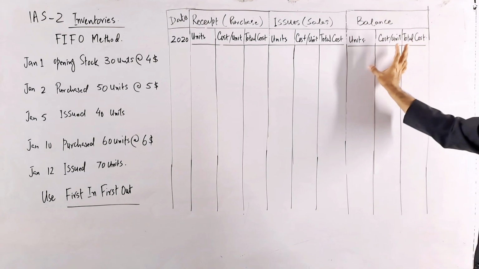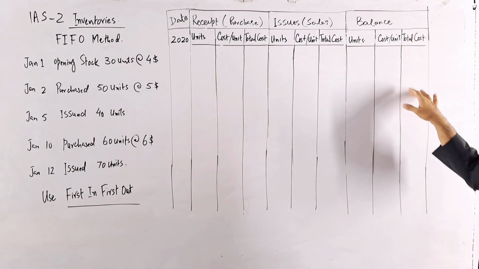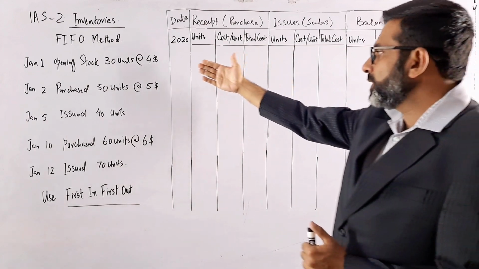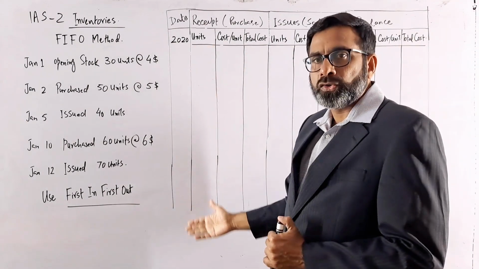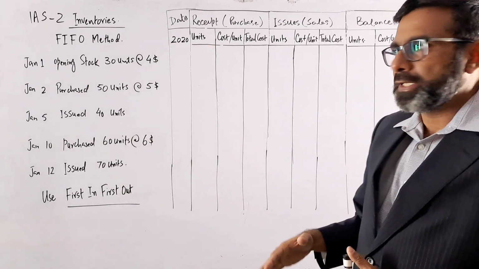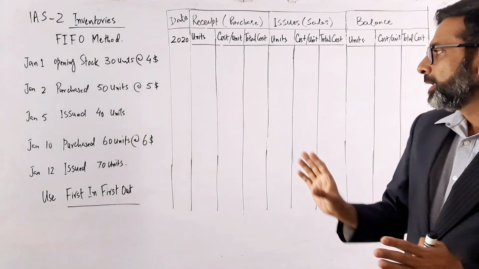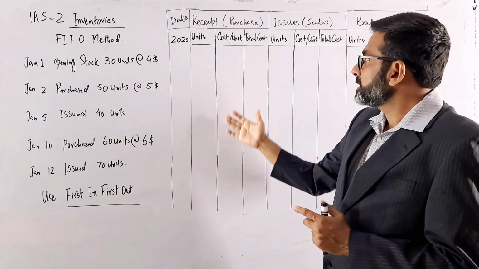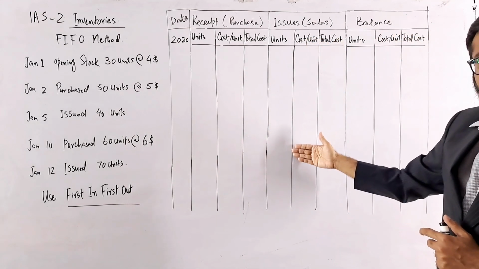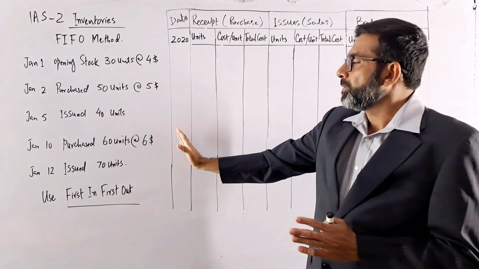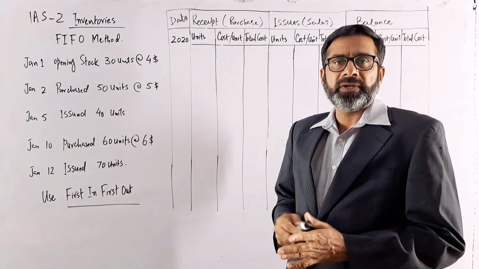And then we have a balance section, where the remaining units will be recorded. Obviously all of this is in chronological order, with date-wise recording. So we have mainly 10 columns here: 3 columns for the receipts, 3 for the issues, 3 for the balance, and the first column is for the date. In total we have 10 columns.